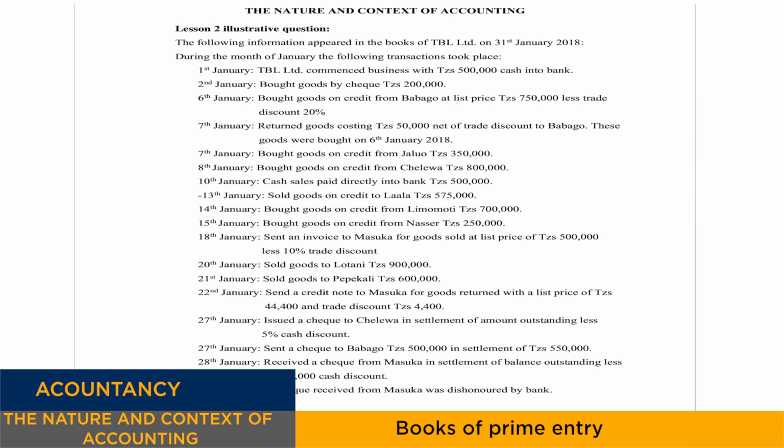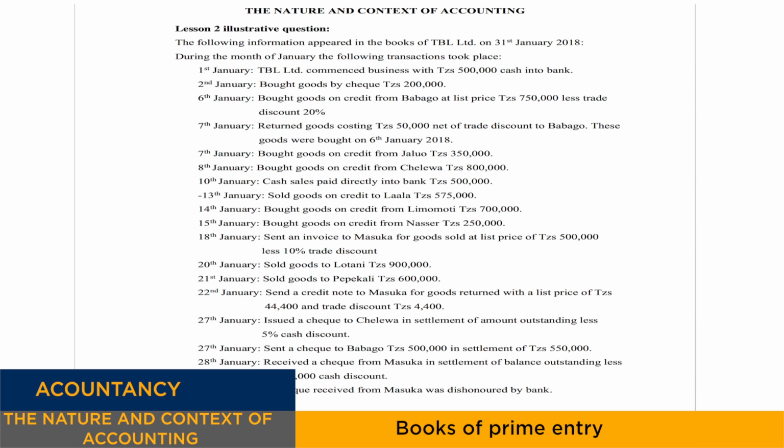1st January, TBL Limited commenced business with Tanzania shillings 500,000 cash into bank. On 2nd January, bought goods by check, Tanzania shillings 200,000.